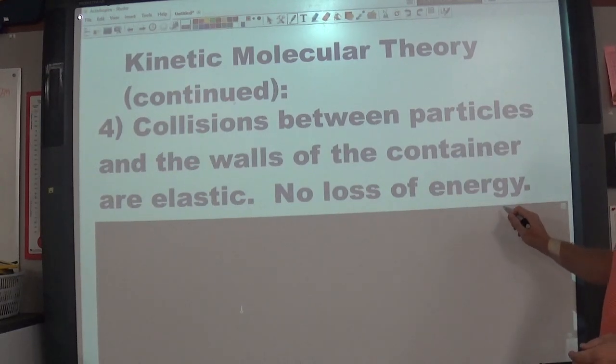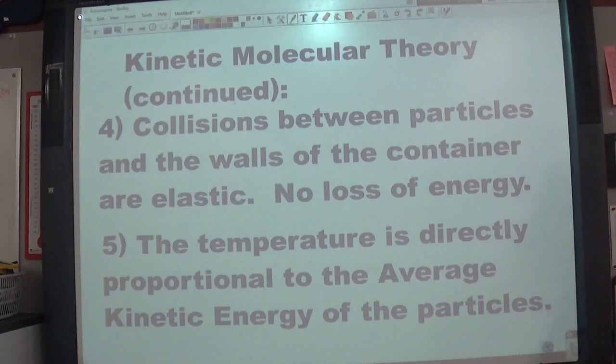And then the fifth and final premise is that the temperature is directly proportional to the average kinetic energy of the particles. We've been talking about what temperature is, so now we're saying that the kinetic energy is going to determine what's going on.